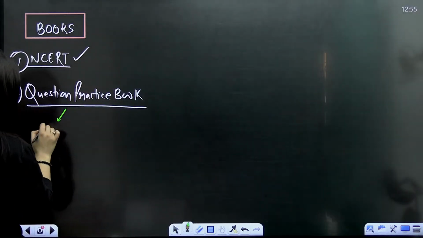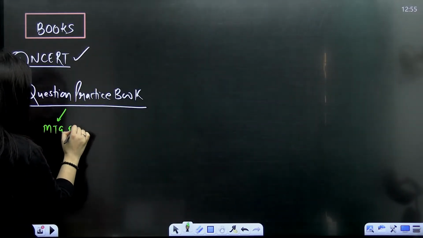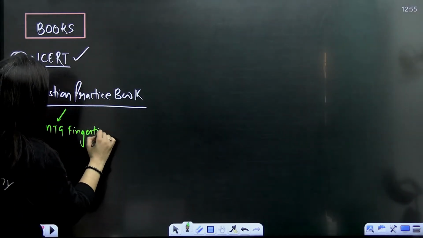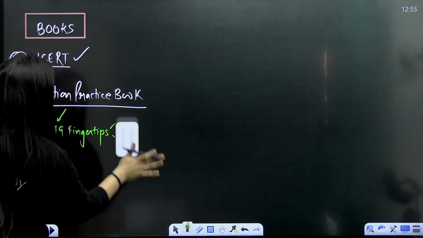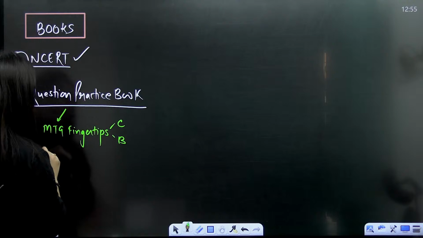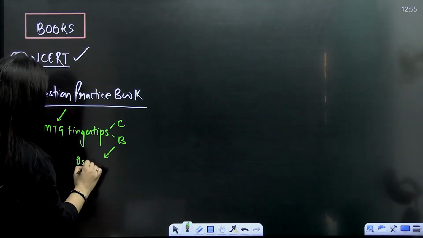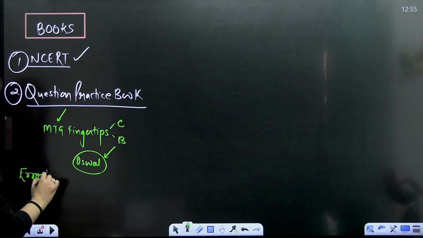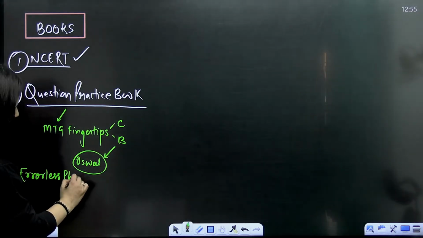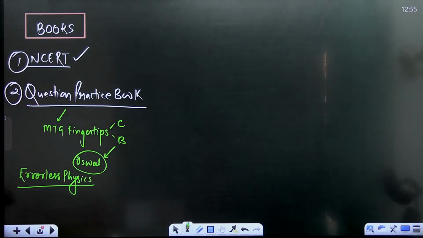It can be MTG Fingertips for physics, MTG Fingertips for chemistry or biology. For biology there are Oswaal publications as well. For physics there is Errorless Physics, which you can follow.